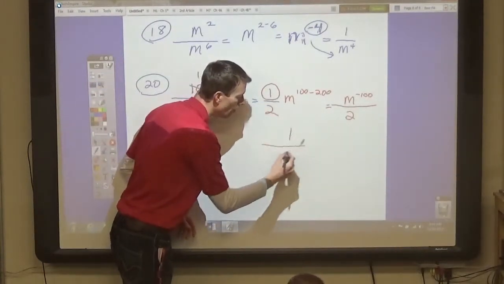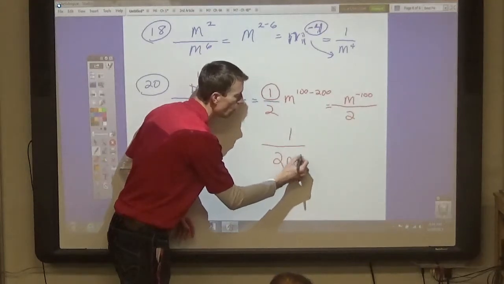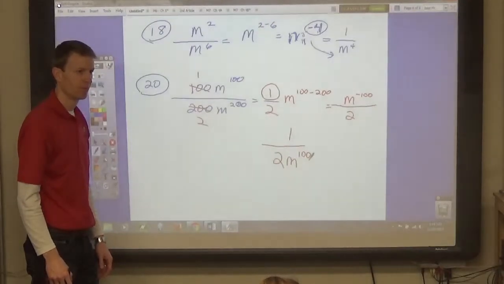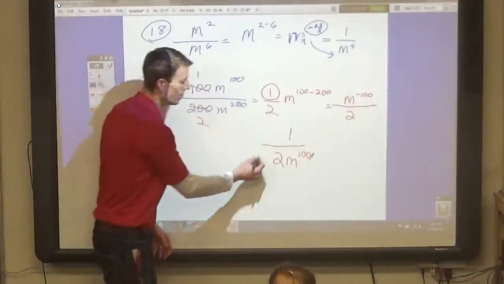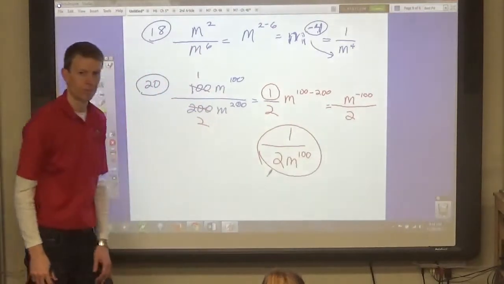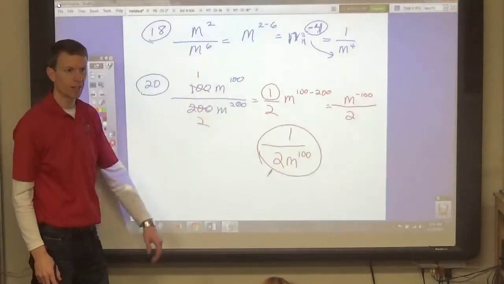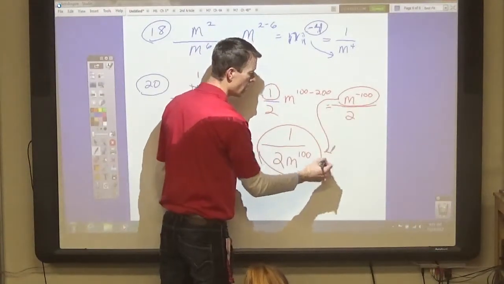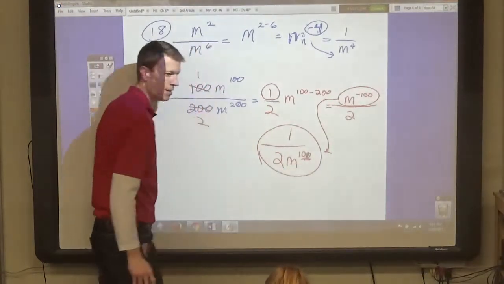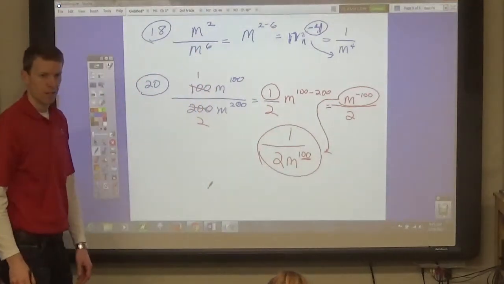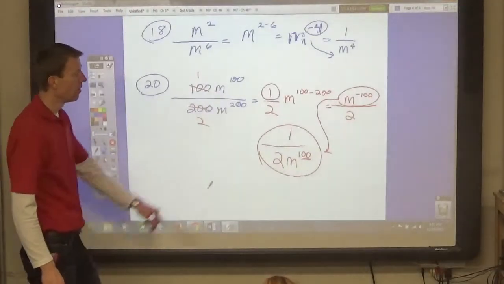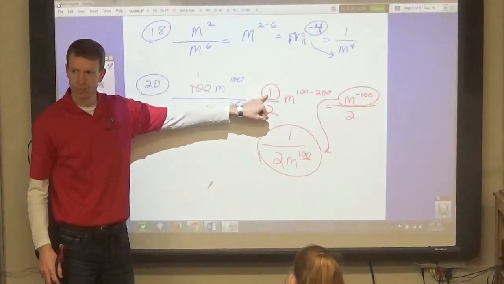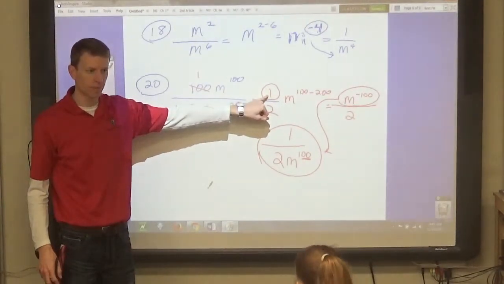So it'd be 1 over 2m to the 100th power. Okay. Does everybody see that? If we were to take this and move it to the denominator, it makes the exponent positive. Okay? And then, what's on the top line? Just the 1. Does that make sense? Okay.